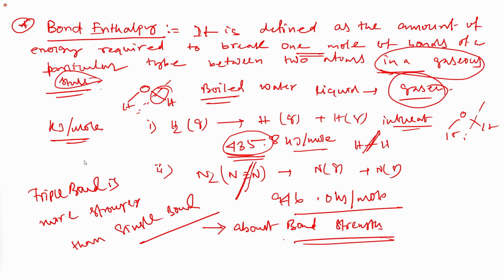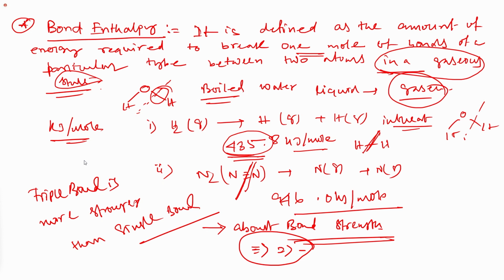Generally, the bond strength order is triple bond greater than double bond greater than single bond. To break a triple bond, we need high energy. To break a double bond, we need lower energy than the triple bond. And to break a single bond, we need lower energy than the double bond and the triple bond. So this is the order of bond strength: triple bond, double bond, and single bond.